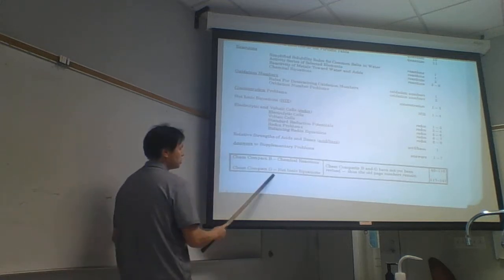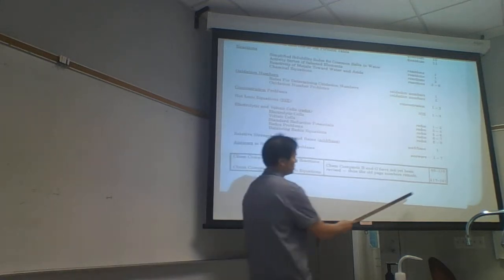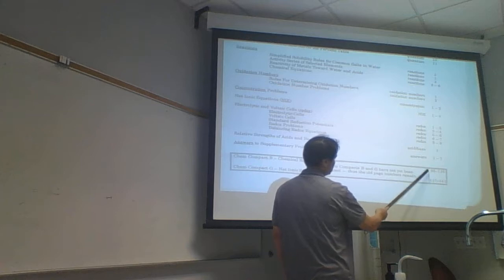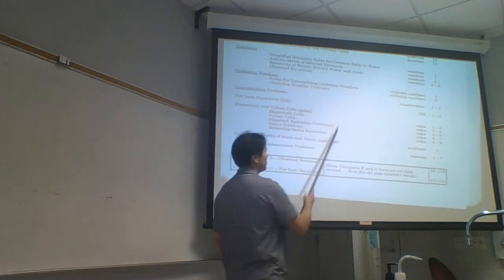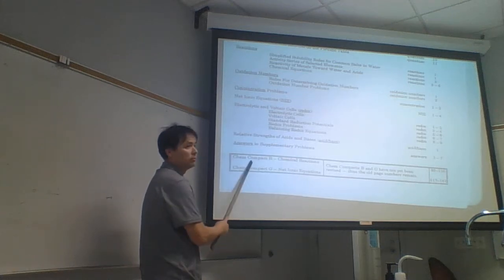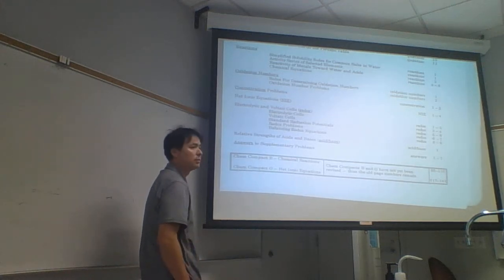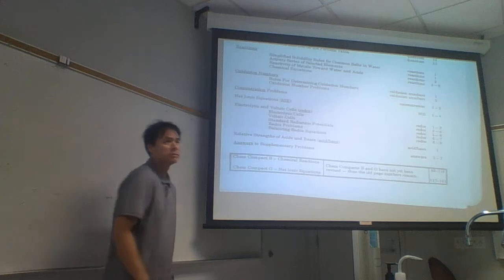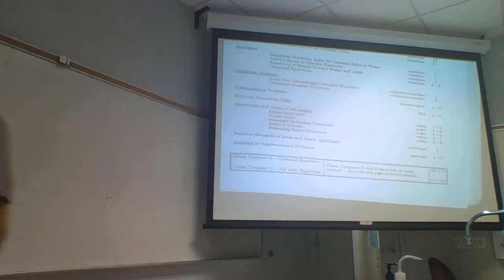And then Chem Compact G goes from 117 to 141, so about 50 pages plus the 60 pages, so more than 60 pages of material that will be found in the supplement. And so we're going to do chapters 8 and 9 plus all this stuff in the supplement here.